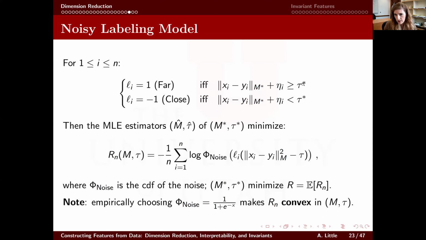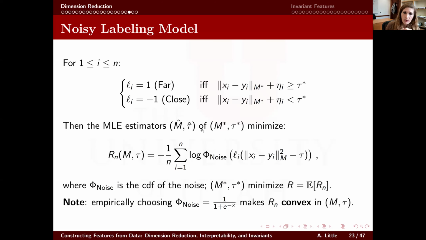If it's large, they're far. If it's small, they're close. But now we assume the actual labels that we observe are corrupted by noise, so we get some mix-up in our labeling procedure. From the noisy data, we want to estimate these underlying parameters M and tau.